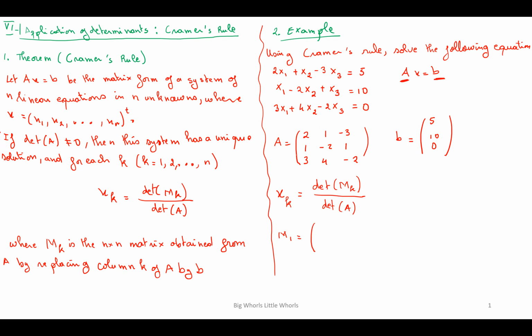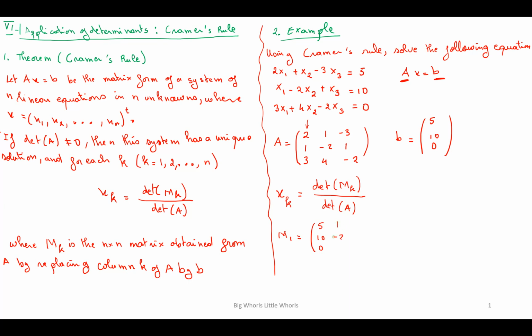We take the matrix A, but we replace the first column with b. So instead of 1, 3, 2, we write 5, 10, 0, but we leave the other two columns the same.